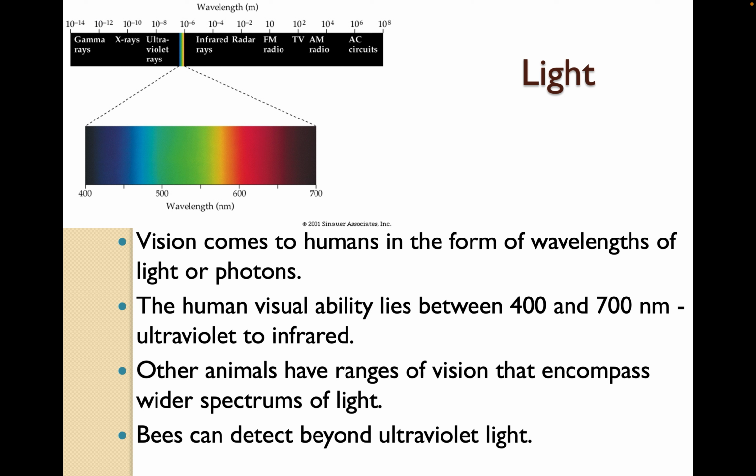Vision comes to humans in the form of wavelengths of light, or photons. The human visual ability lies between 400 and 700 nanometers. That is ultraviolet to infrared. Other animals have ranges of vision that encompass wider spectrums of light. Bees, for example, can detect beyond ultraviolet light, and that's how they can follow the vapor trail or the heat signature of other bees.